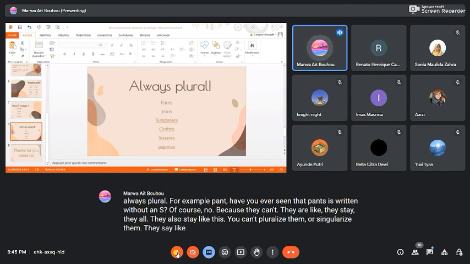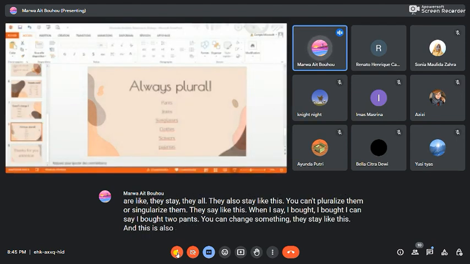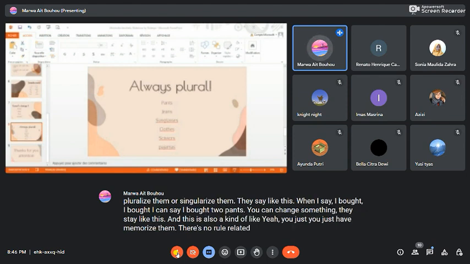When I say I bought pants, I can say I bought two pants. You can't change anything. They stay like this, and this is also a kind of memorizing. You just have to memorize them. There's no rule related to them. Oh yeah, I got it.